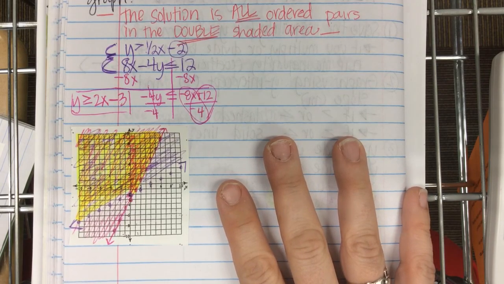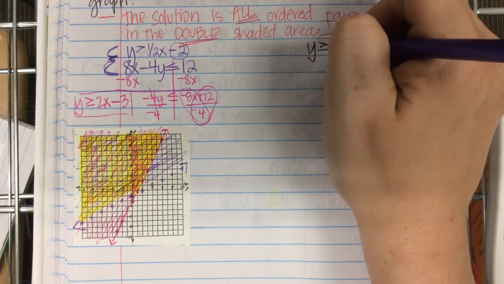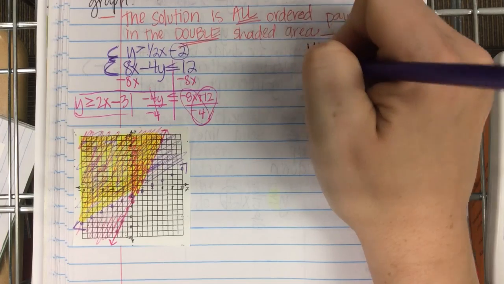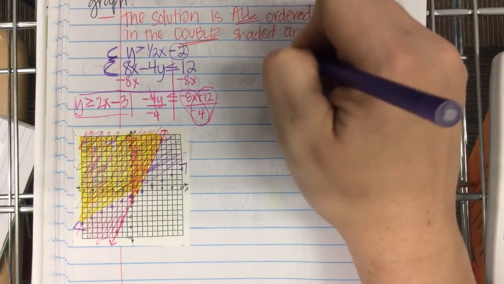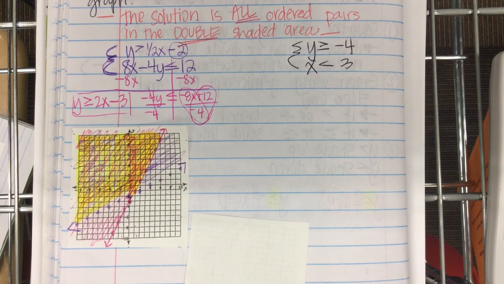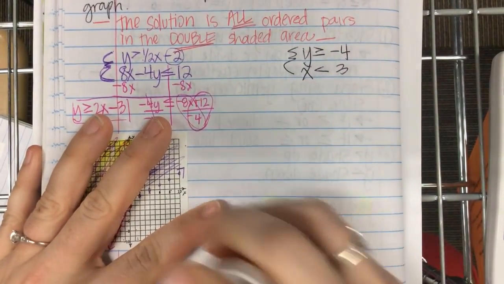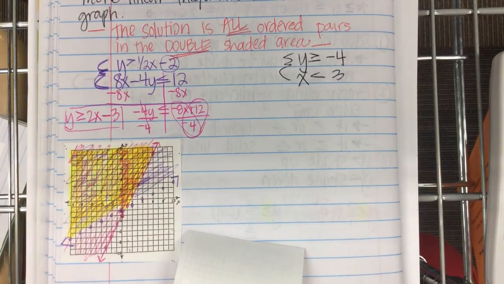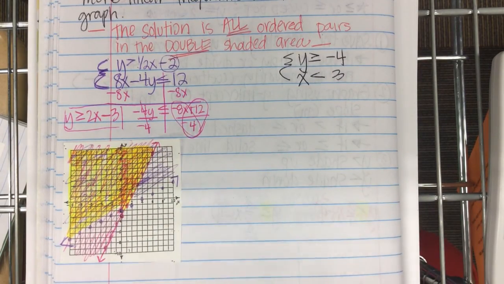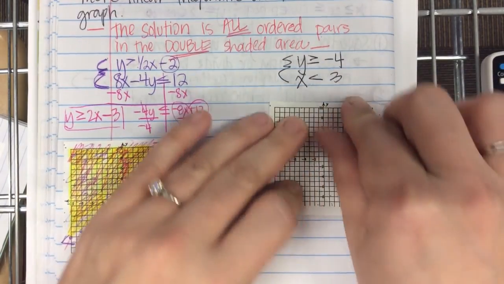All right, let's try this system. y is greater than or equal to -4, and x is less than 3.